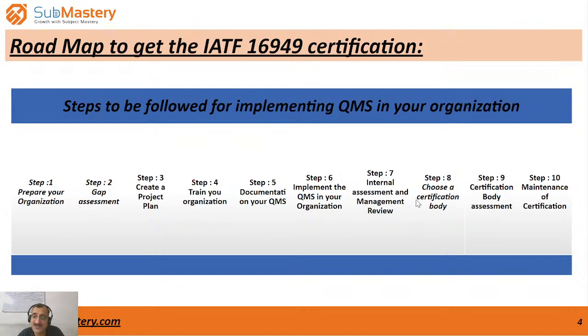Sometimes we can choose the certification body prior, because sometimes you simply select the certification body which is recommended by the customer, or by some of your friends, or maybe you already have a relationship with that certification body because your corporate, your mother plant or some other plant is certified by them. So sometimes this may be a prior decision. And then certification body assessment and maintenance of certification. So these are the different steps.